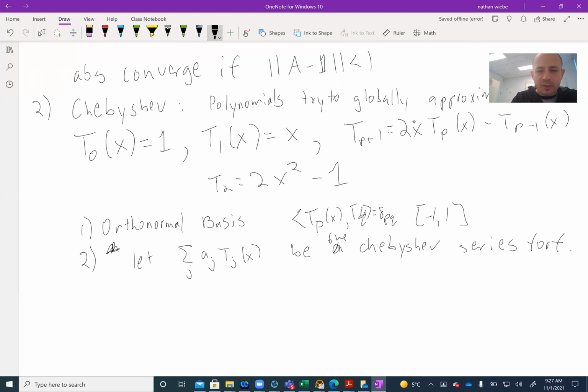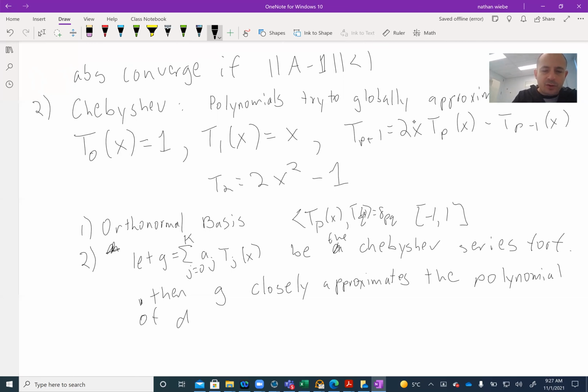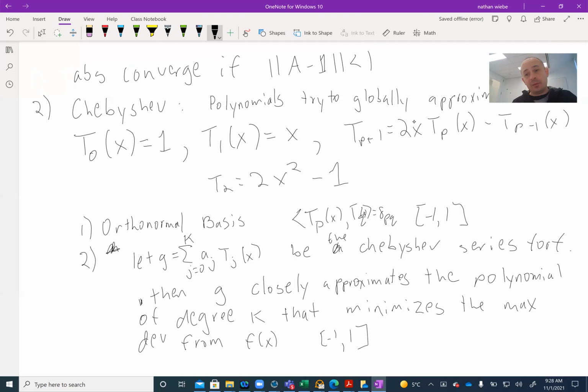Then if we do this from j equals 0 to k, and call it g, then g closely approximates the polynomial of degree k that minimizes the maximum deviation from the function f of x on the interval in question, which we always assume is going to be rescaled for these polynomials to be between -1 and 1. Okay, so those are two of the really important things about it.